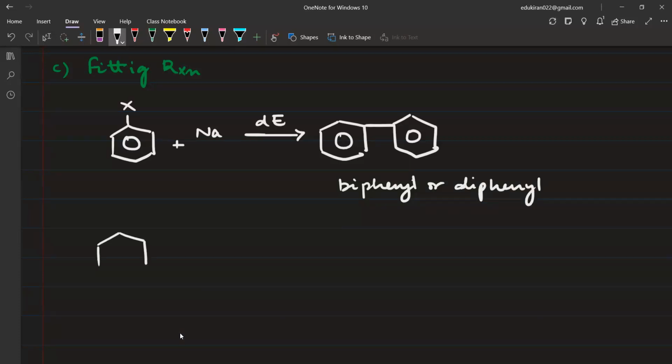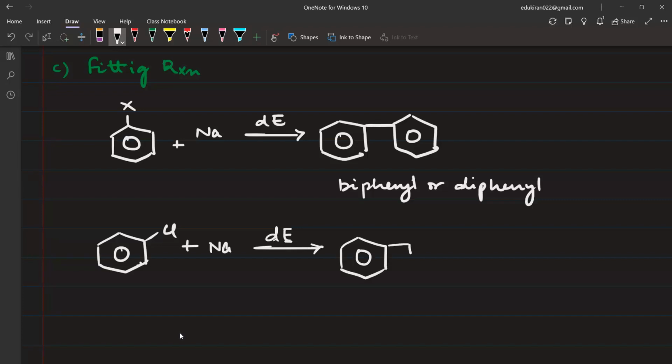So being a bit specific, if you have chlorine, this halogen atom can be here or here, everything is the same. All the carbon atoms are the same. The halogen atom can be anywhere. You will get this, that's it.